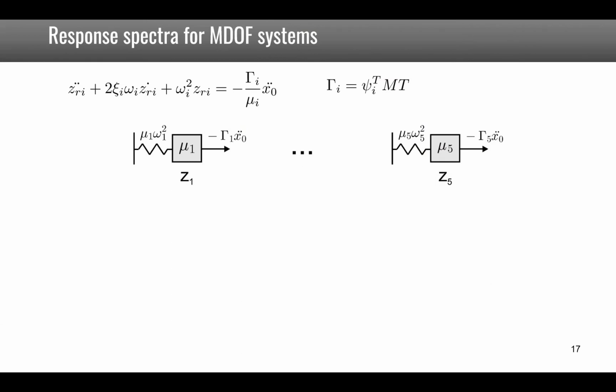For a multiple degree of freedom system, we can project the equations of motion in the modal basis, and you see that it results in an equation similar to the one for a single degree of freedom system, but there is an amplification factor, gamma i over mu i, at the denominator.